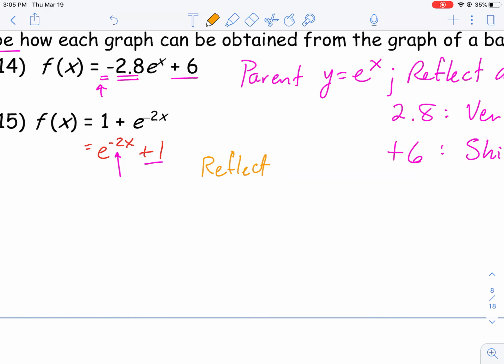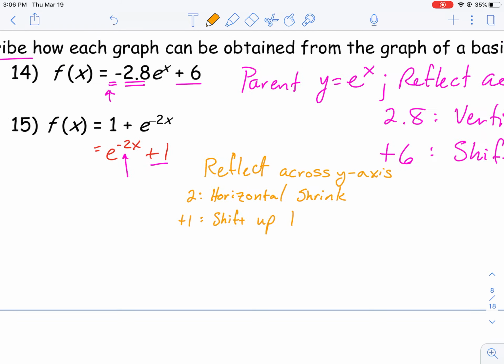Since the negative's inside, it's going to reflect horizontally across the y-axis. The 2, it's also inside, so it's going to be a horizontal change, and horizontal is always opposite of what you would expect. So instead of a horizontal stretch, it's a horizontal shrink. And the plus 1, a vertical shift up 1.